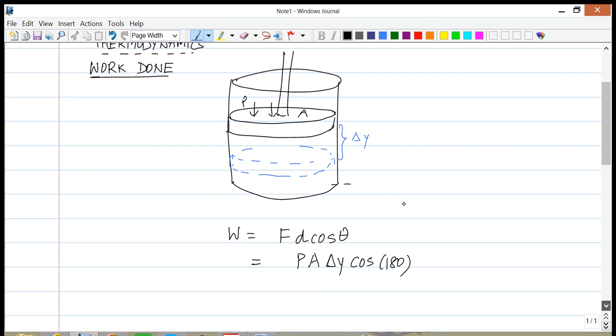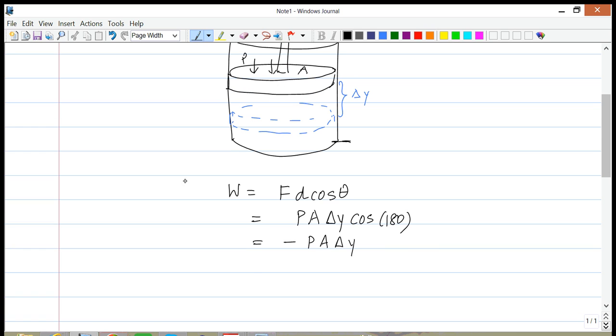The reason we write cosine 180 is because we're measuring y from the bottom here, so the angle is 180. And so we end up getting negative P times A times delta Y. Now A times delta Y is nothing but the volume, so it's negative P delta V.